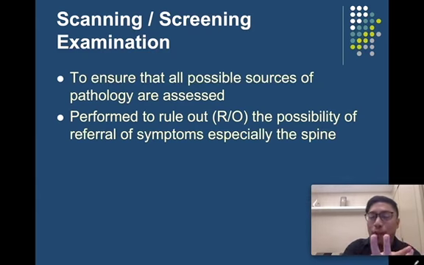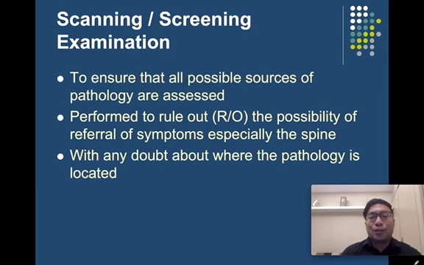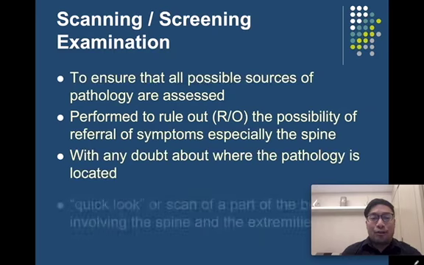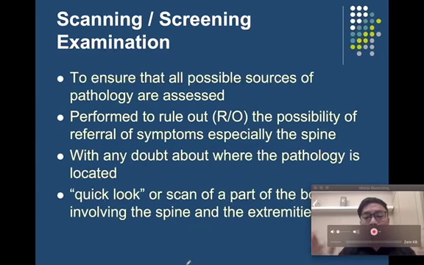Okay, at least one rule out for our case. So we'll have a separate discussion of your special tests. I think that's the third lecture. And with any doubt about where the pathology is located, of course, you need to ask your supervisor or ask the doctor. A quick look or scan of the body parts in the examination, the spine and extremity, is very important.